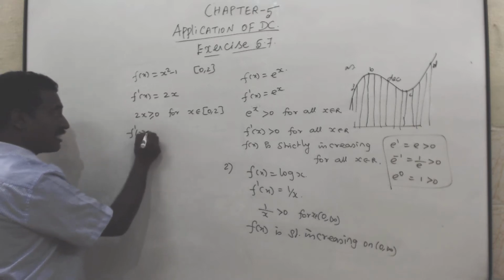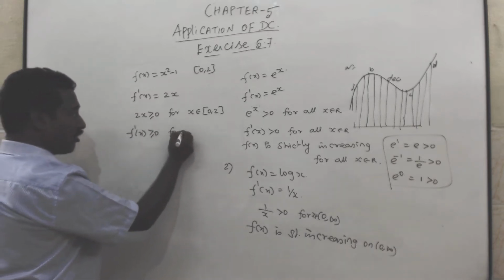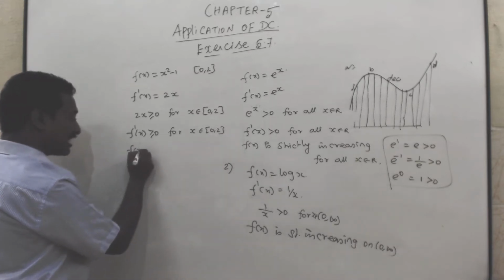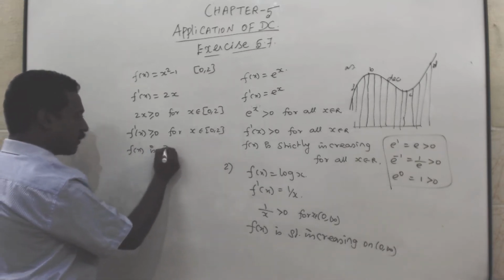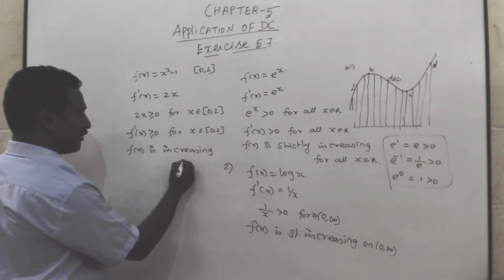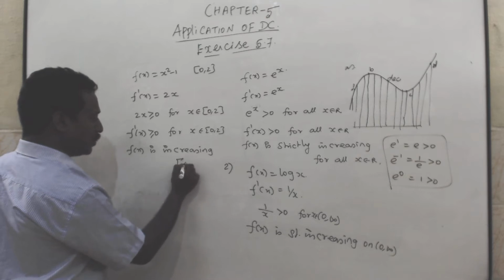Therefore, f dash of x is greater than or equal to 0 for x belongs to [0, 2]. Therefore, f of x is increasing in the interval [0, 2].